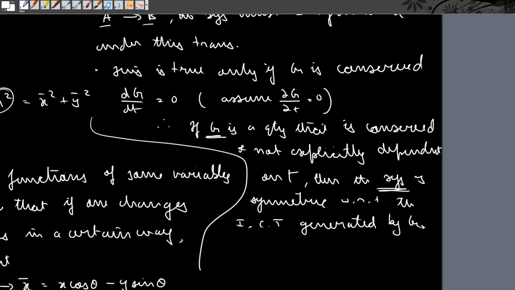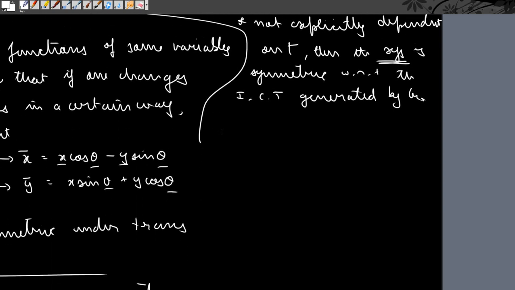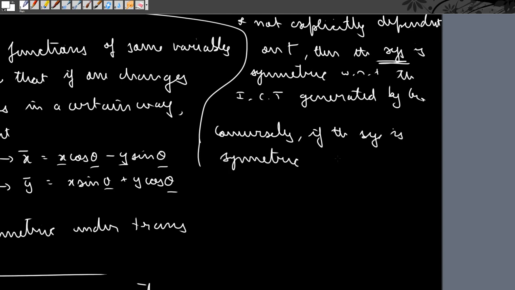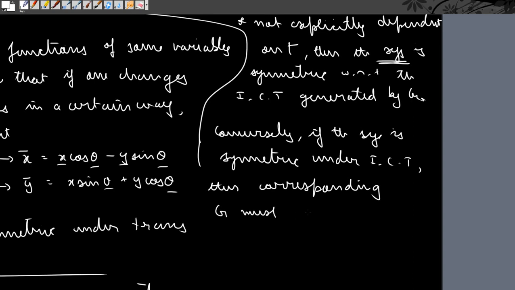Okay, and we can also state the converse of this statement. So conversely, if the system is symmetric under an infinitesimal canonical transformation, then the corresponding function g, which is a part of the generating function, must be conserved.